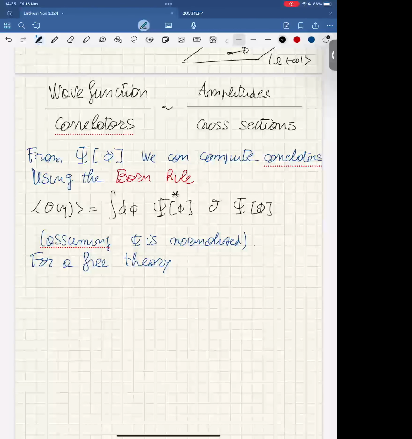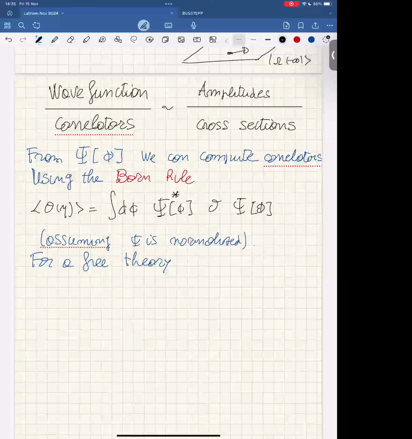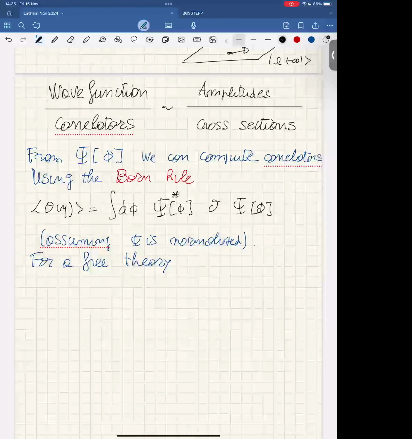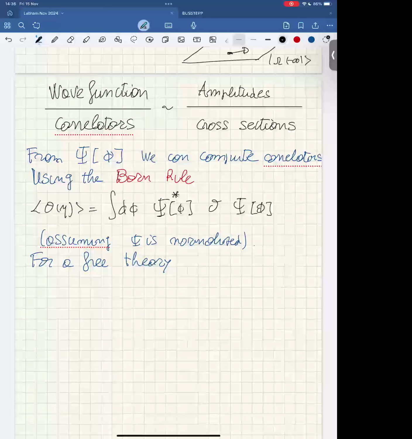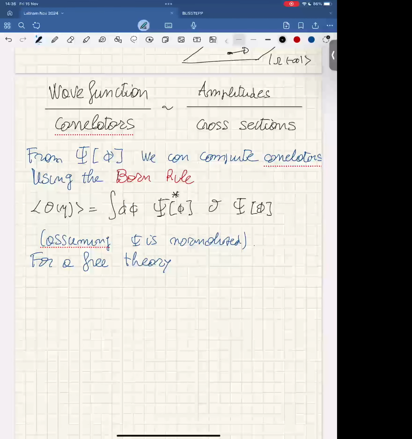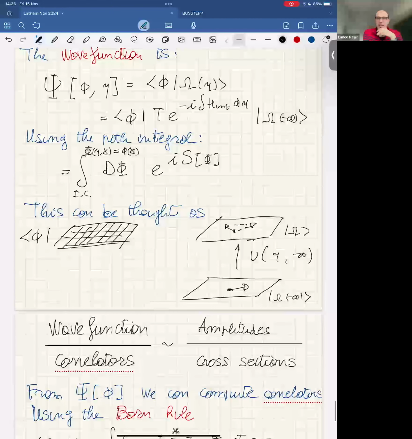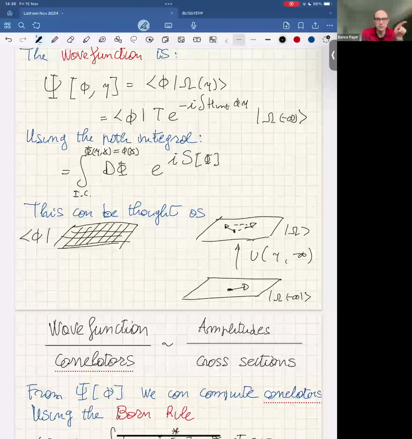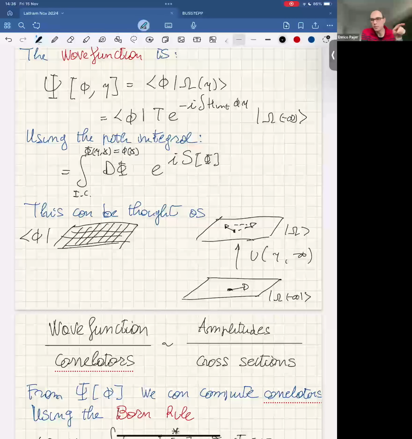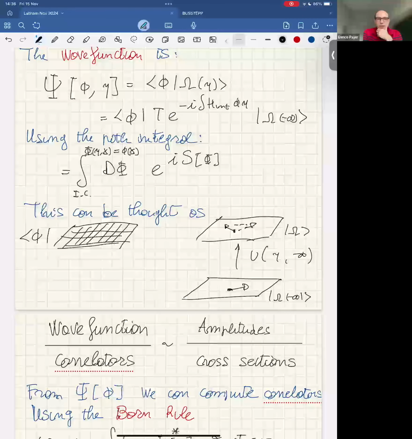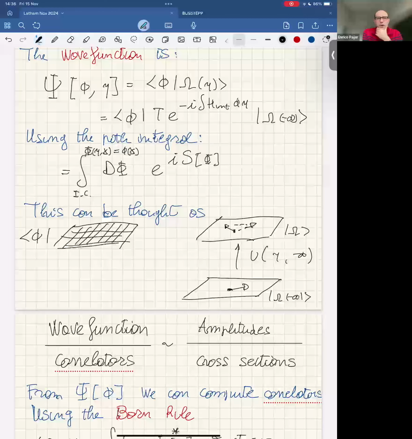Okay, I see. I have another question. Since we are dealing with wave functions, is that why we are using the path integral in this case, right? Well, as I said, the path integral can compute anything you like. It can compute correlators if you bend it back. It can compute time order correlators if you make it go straight, but it can also compute the wave function.